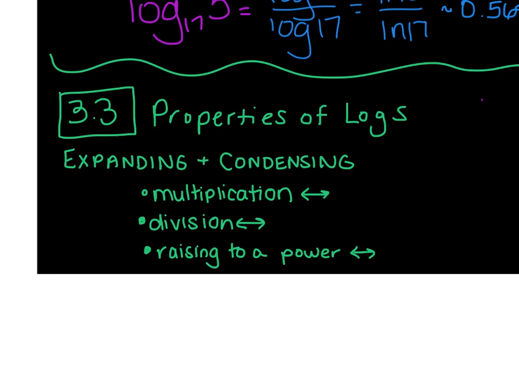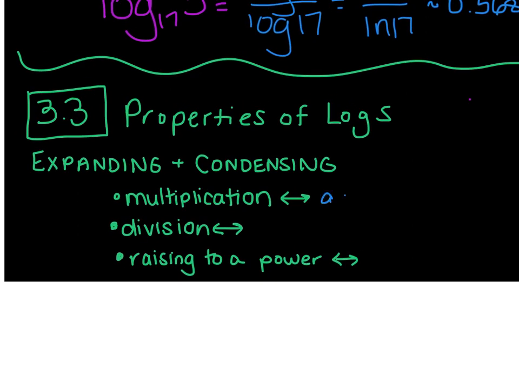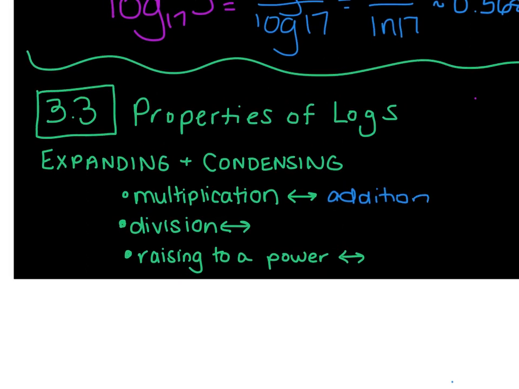So if it starts out as multiplication, then when you expand it, what do you do? Add, good. So addition. If it starts out as division, then you subtract. And if you're raising up to a power, what happens to that power? Good.